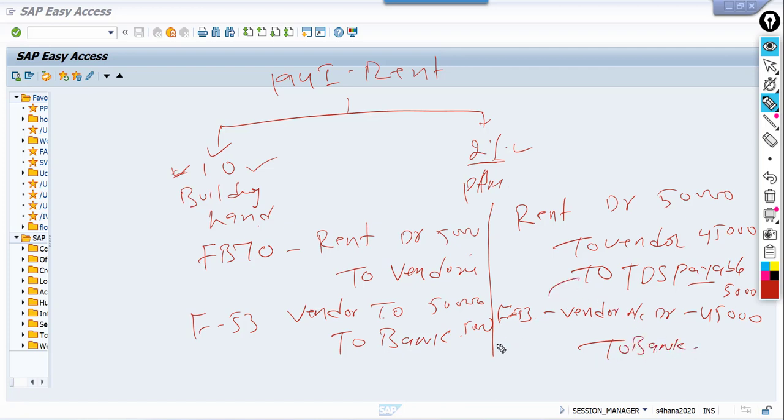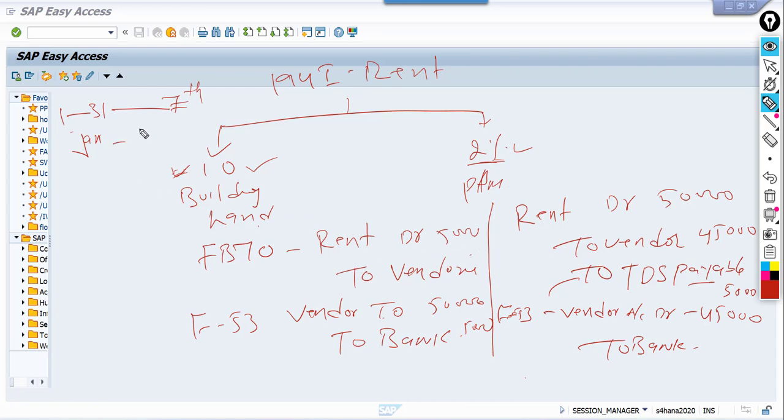Then what about this TDS? Once the month is over, take any month, January month is over. From January 1st to January 31st, the due date for depositing this amount is the 7th of the succeeding month.